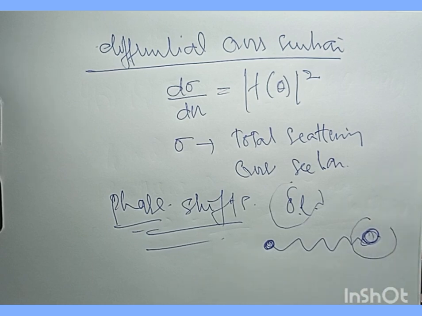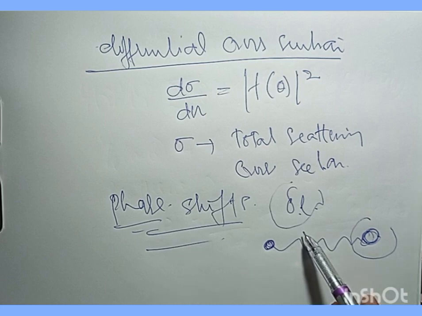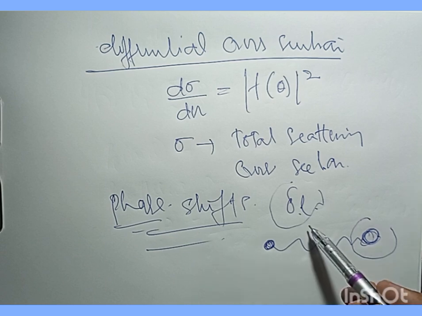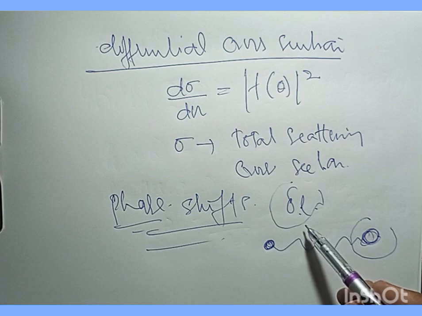So I should say that the phase shift delta L characterizes how the potential modifies the free particle wave in each partial wave, because you have a long range of waves associated with the particle, because a particle is a group of waves. So the value of this delta L determines the scattering amplitude for the given angular momentum.